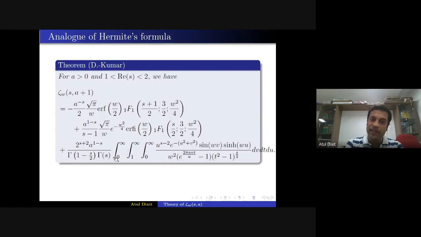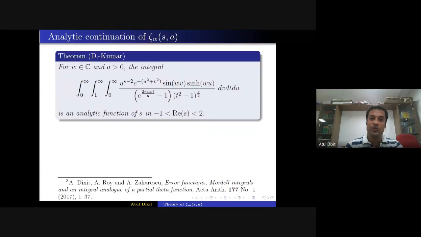As you can see, the single integral in the previous formula is now generalized to a triple integral, again involving all elementary functions. But this particular one is analytic only when real s is between minus 1 and 2. So here is one of our main results.